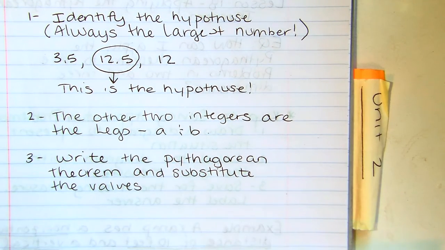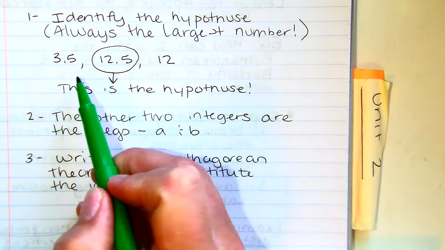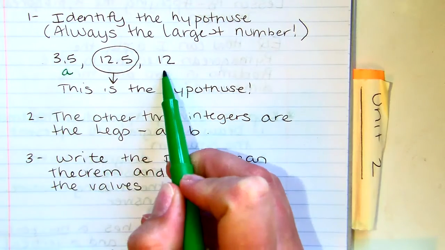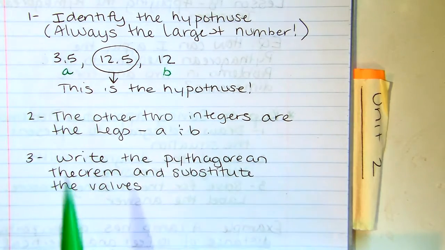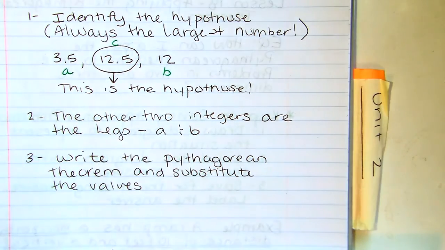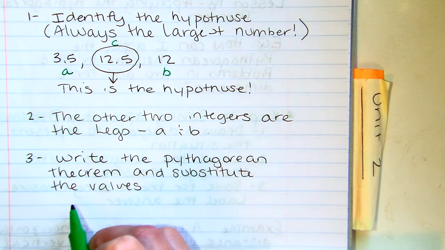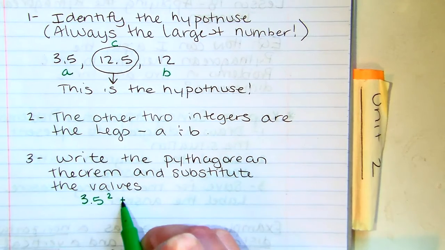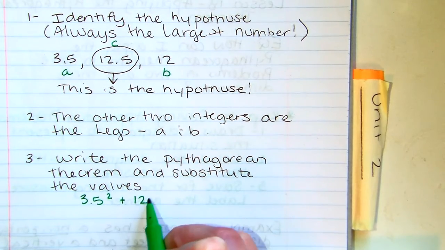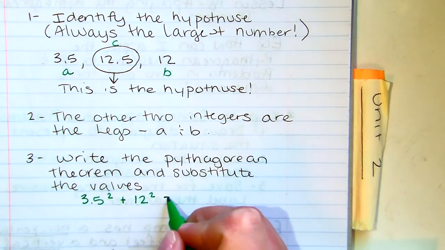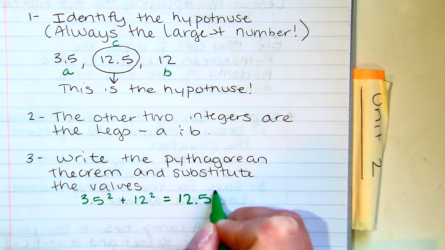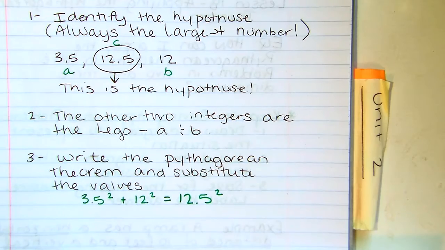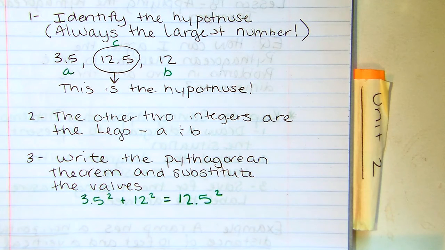So here, my 3.5 was A, and the 12 was B. This 12.5 is C. So A was 3.5, so I'm going to go 3.5 squared, plus 12, which was my B, so 12 squared, is equal to 12.5 squared. That's my C.